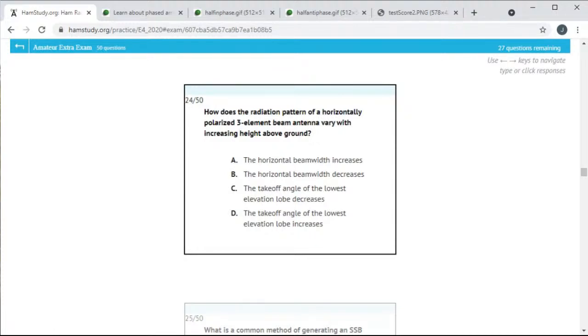No, the takeoff angle of the lowest elevation lobe increases. So a horizontally polarized antenna is like a dipole. This one is a 3-element beam. So I'm not sure of.